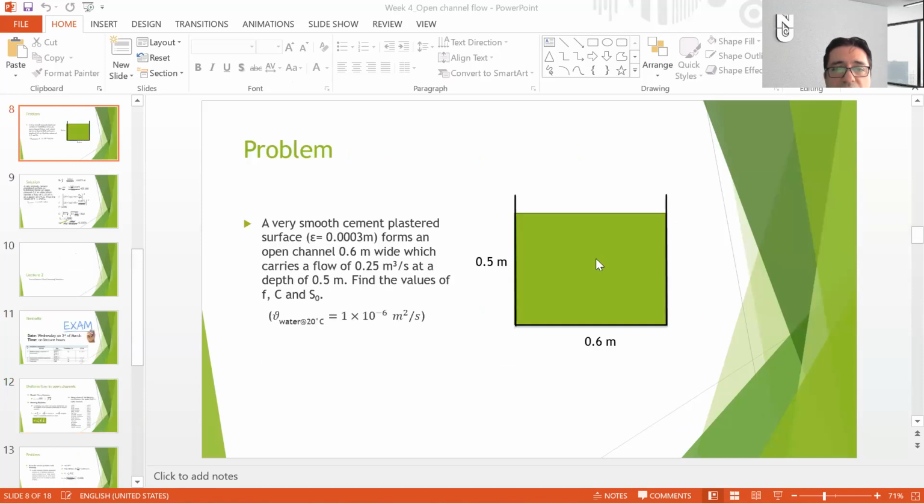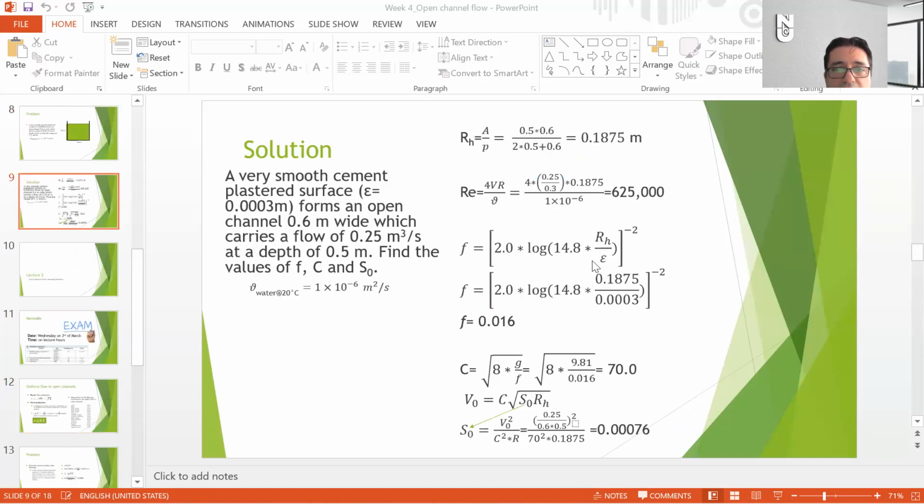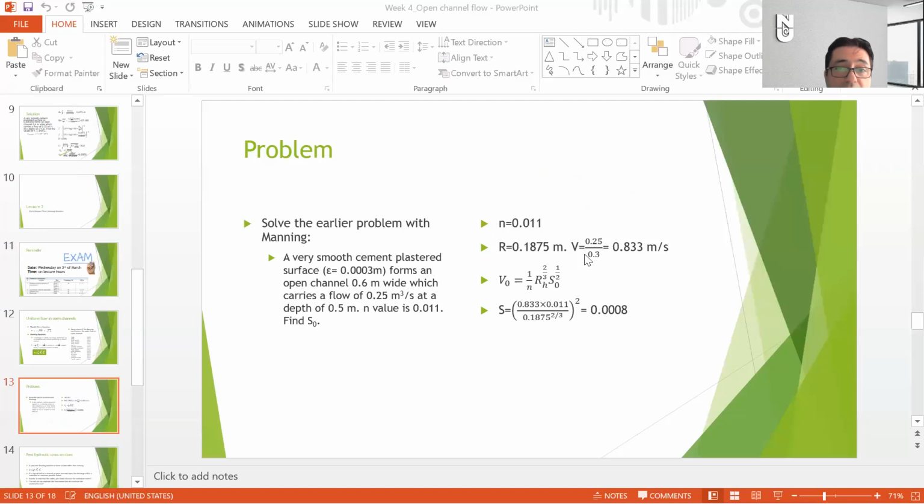You should go and check these calculations again if you need. And if you put everything together in the equation, then you are going to find that the slope is 0.308, which is almost the same solution as the Chezy equation.